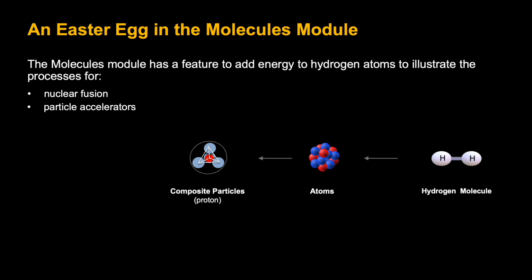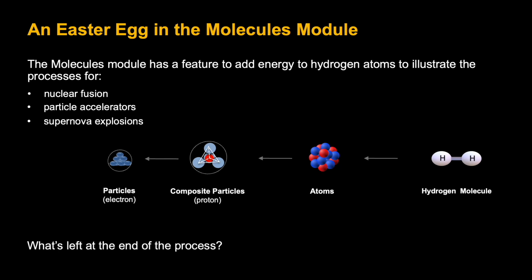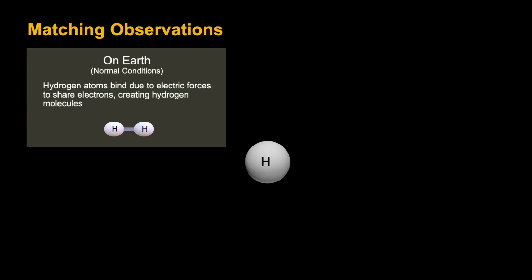What happens? And what happens in supernova explosions when there's enough energy that all the particles within that massive star get emitted, and what's left at the end of that process? Neutrinos.